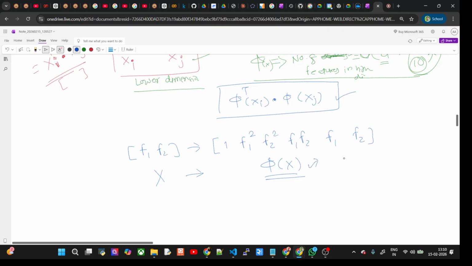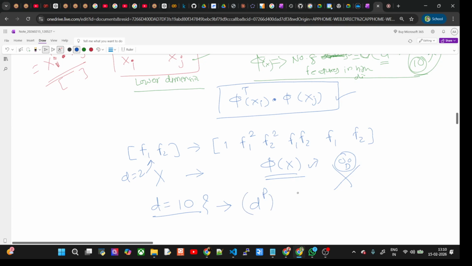It is very dangerous to get the phi of x for data with a large number of features. Here d is equal to 2, but in other cases it will be d raised to p.